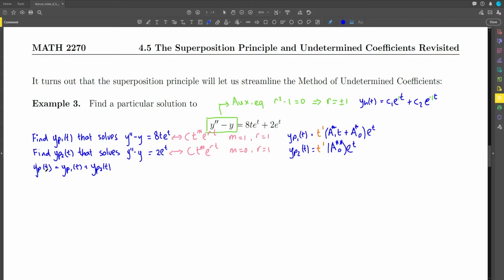And now let's see what yp of t is when we add those two.